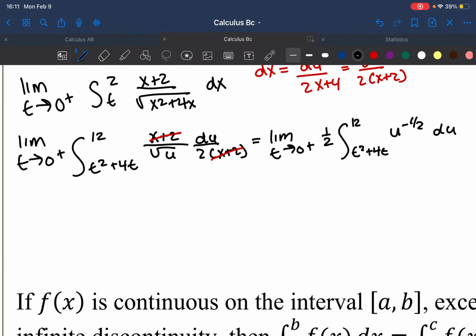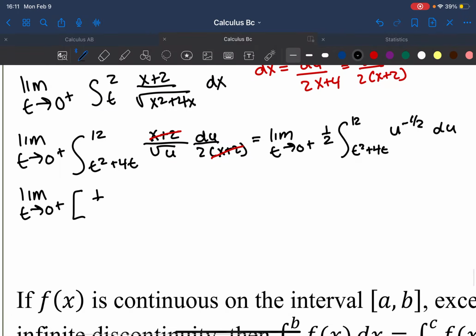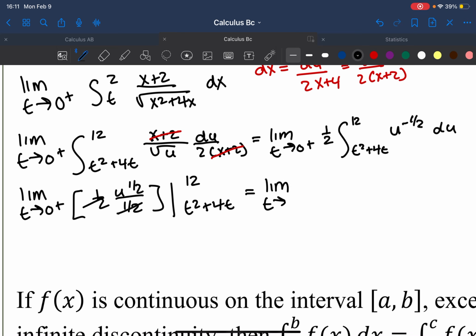And so I have the limit as t approaches 0 from the right of 1/2 u to the 1/2 divided by 1/2, evaluated at 12 and t squared plus 4t. The 1/2s cancel, and so I end up getting the limit as t approaches 0 from the right of the square root of 12 minus the square root of t squared plus 4t.